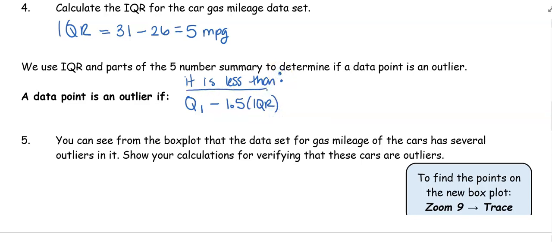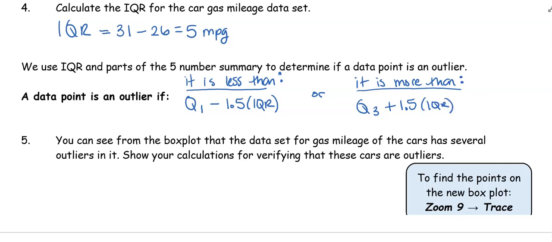This will figure in if we have a lower outlier. And we're going to check to see if it has a value that's too high. And that happens if it is more than Q3 plus 1.5 times the IQR value. So it has to be more than that or less than that.